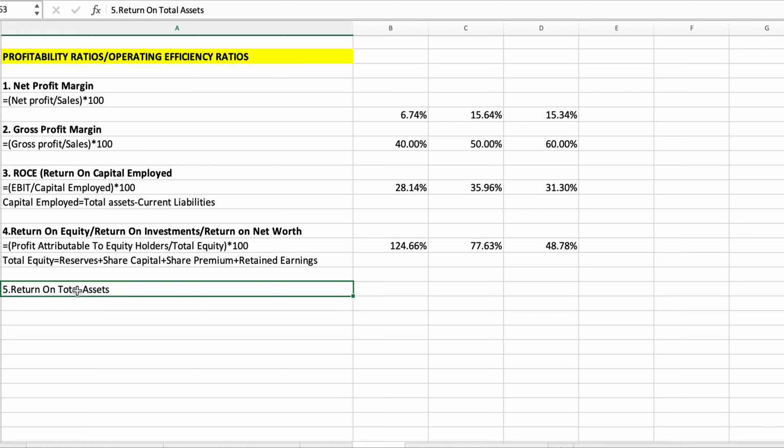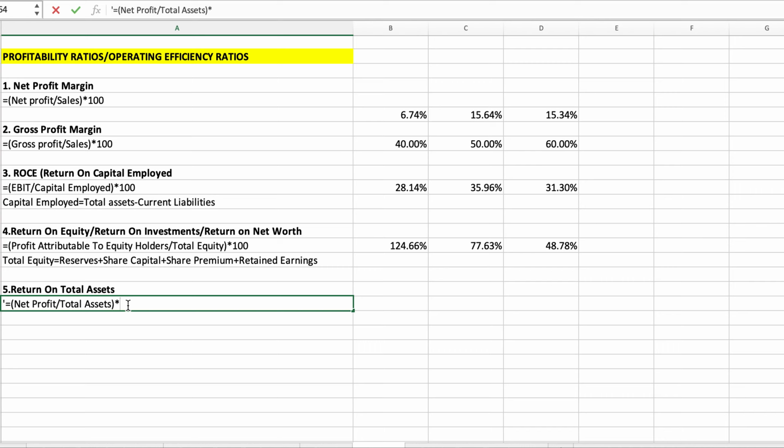net income or net profit divided by total assets times 100. So the formula for return on total assets is net income or net profit, and let us use net profit because they are just the same, divided by total assets.